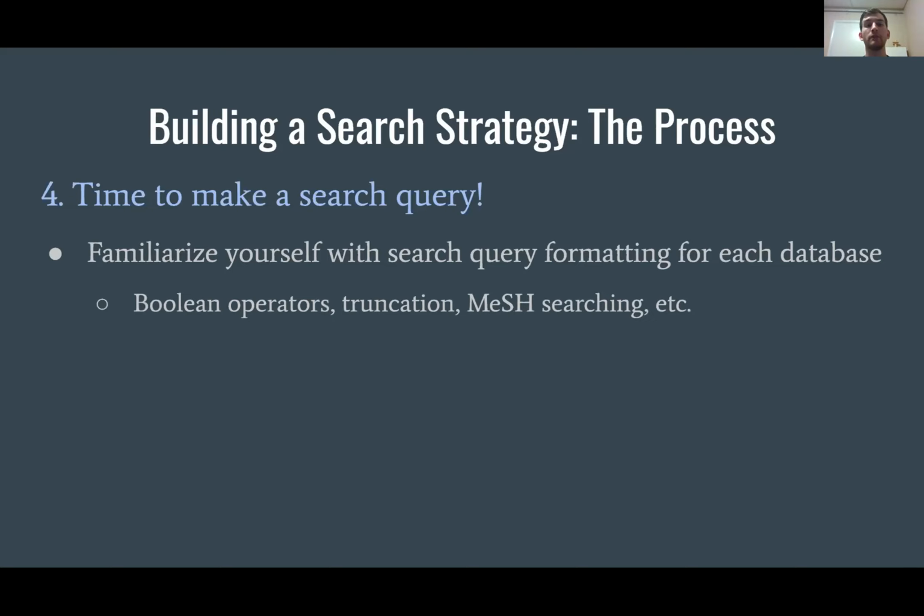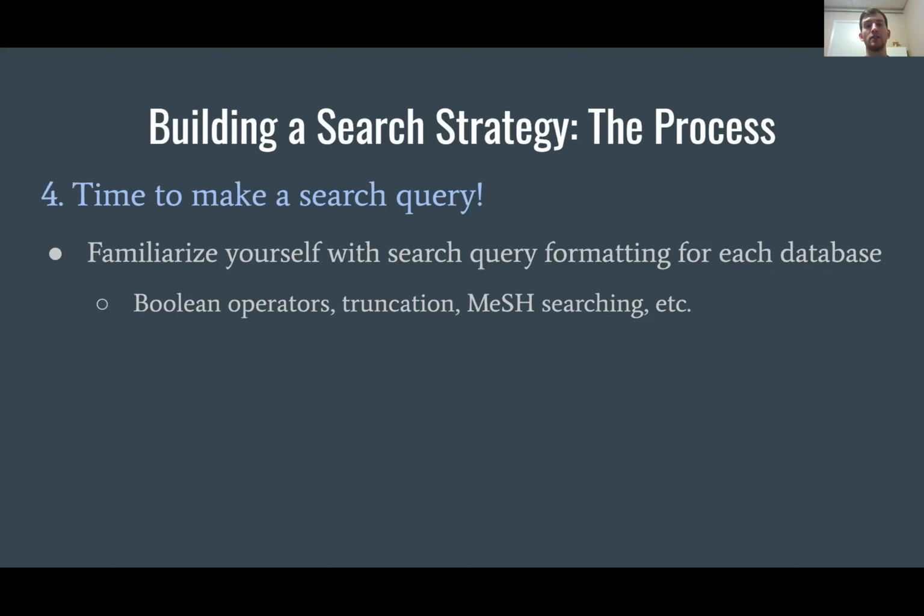Some of the things to be familiar with: Boolean operators. Anyone who does programming is familiar with these, but it's essentially a way to filter which of your search terms are going to be incorporated in the titles of the PubMed articles you're looking for, or whatever database. I'll explain and elaborate more on those later on.